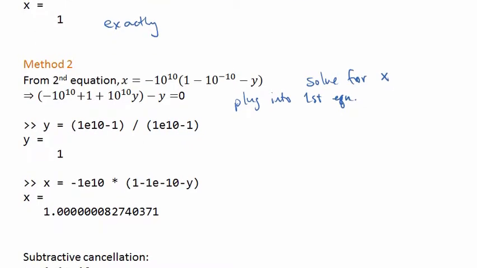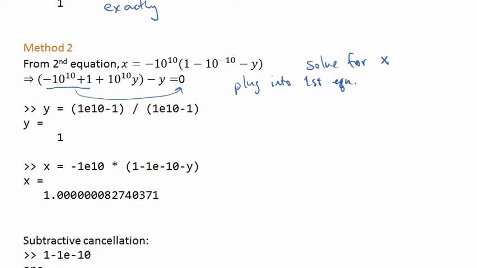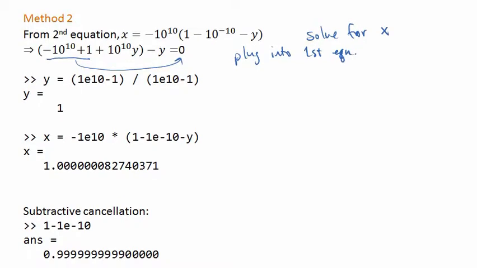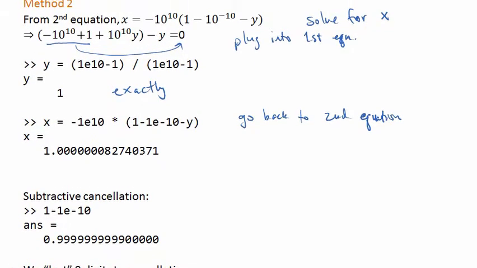These two numbers move over to the right-hand side, and then y is multiplied by 10 to the 10th minus 1. Again, we have an inexact floating point number, divided by itself, we get 1 exactly. Now we go back to the second equation.